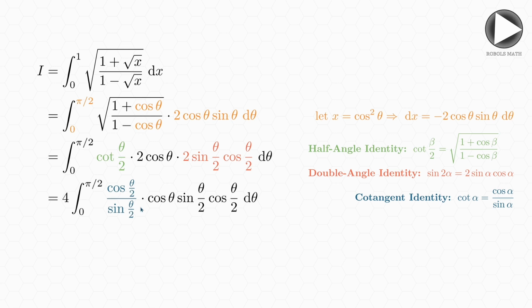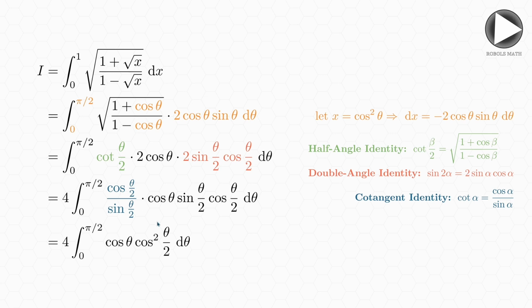Now that we have sine theta over 2 in the denominator and sine theta over 2 in the numerator, we can cancel them out, leaving us with cosine theta times cosine squared of theta over 2. So we have transformed this algebraic expression into this trigonometric expression.